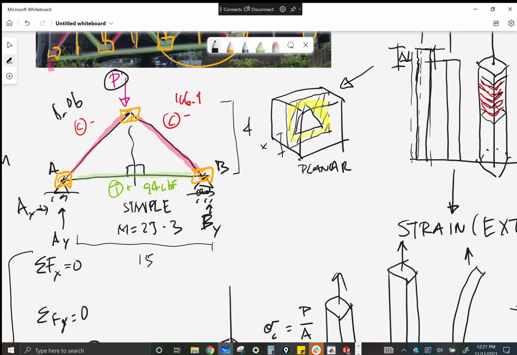A little bit greater or less? If this is going to take 106% of the load and it's going to fail at 50, then it's going to get there before this gets to 50, right? So that's it. Then you have the failure load of the truss.